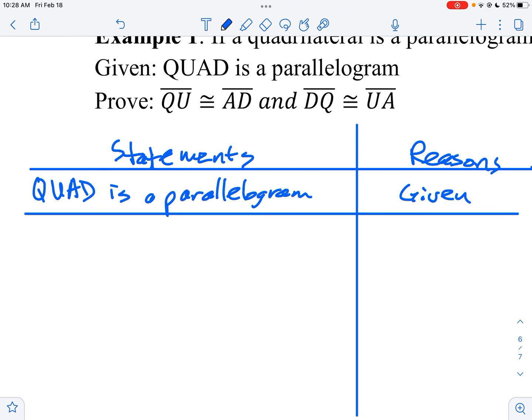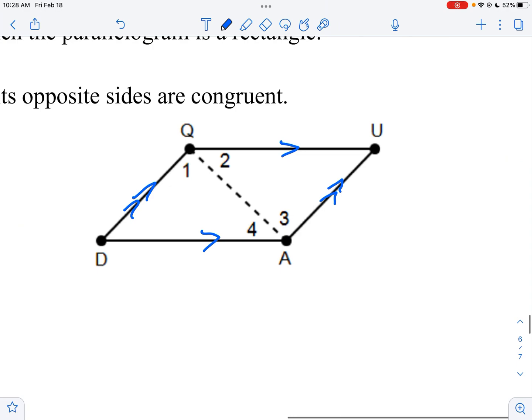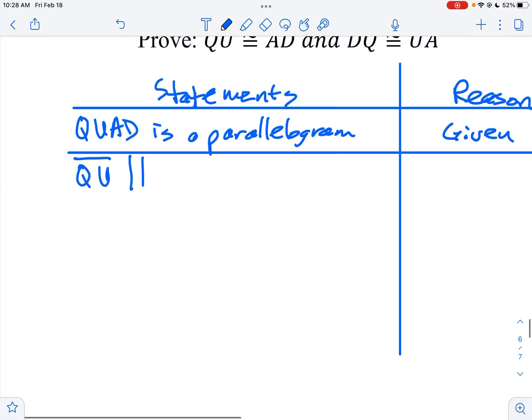And since it's a parallelogram, we know opposite sides are parallel. We need to establish that they're parallel in order to know that we have alternate interior angles. So we got QU is parallel to, what's that one? QUDA at the bottom there. Okay. And we're going to do the other two there.